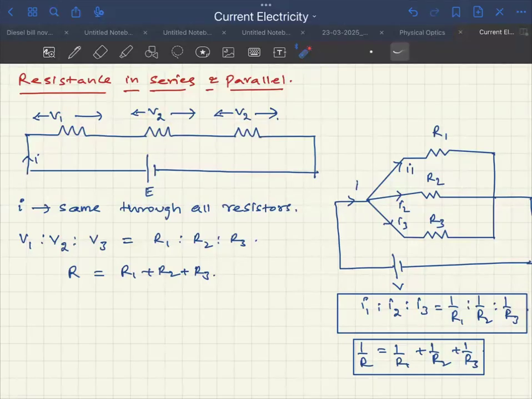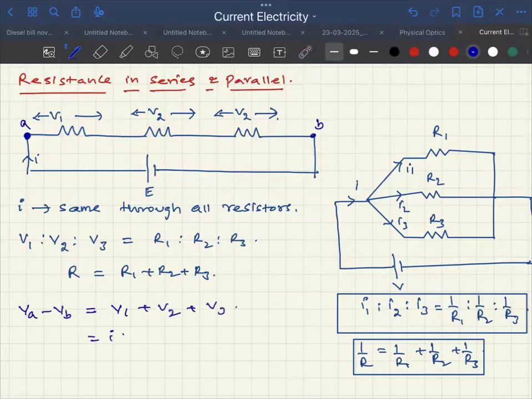Right. Now remember, in this, current is the same through all the resistors. If the current is the same, the potential drop, don't forget, potential drop is current into resistance. So V1 is to V2 is to V3 will become R1 is to R2 is to R3. And across these two points, suppose we treat them as A and B, VA minus VB, you will write as V1 plus V2 plus V3.